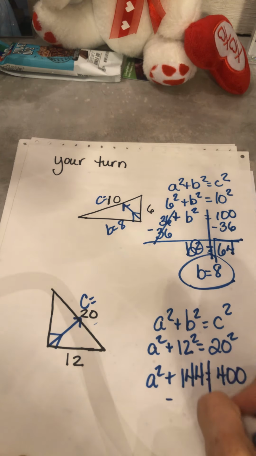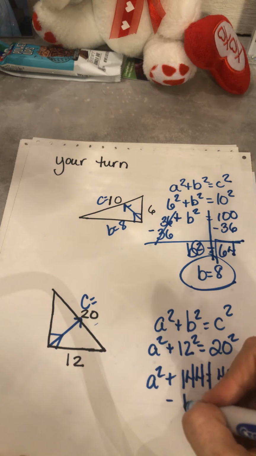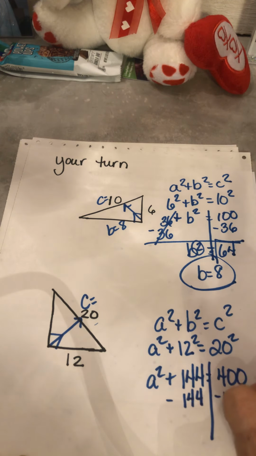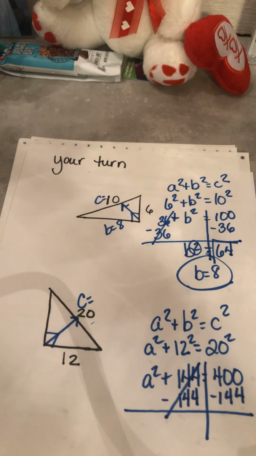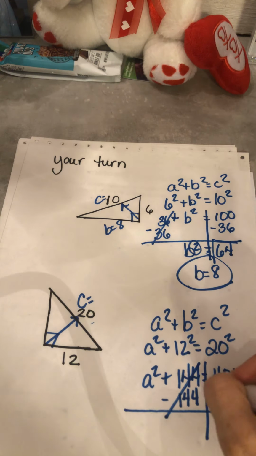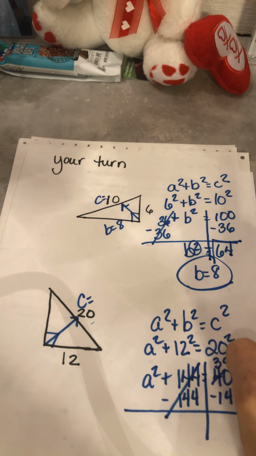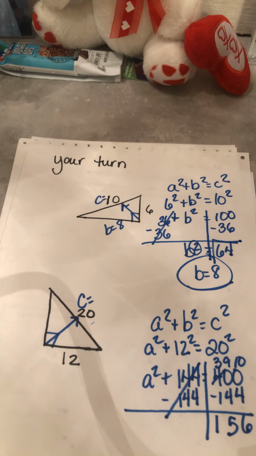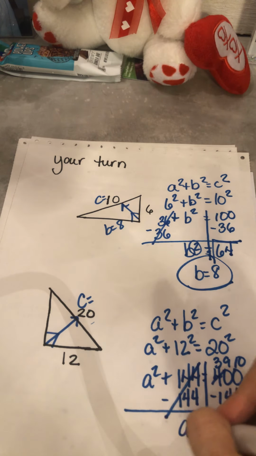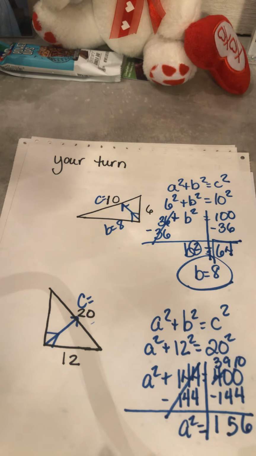I need to get A alone, so I'm going to subtract 144 here, and I'm going to subtract 144 here. This goes away. So now I'm ready, and I'm going to get 6, I'm going to get 5, and I'm going to get 1. So I have 156, and I have A squared equals.